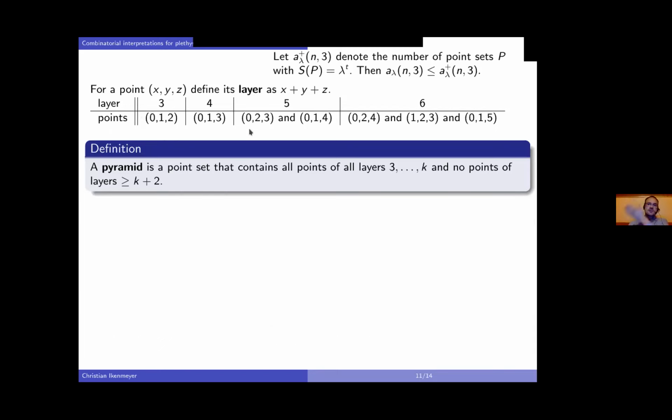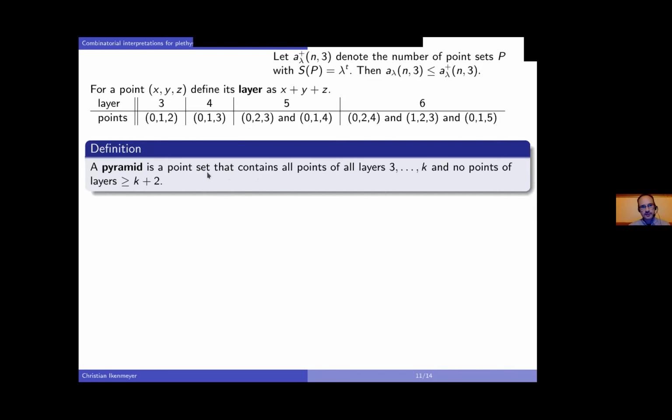So you slice your cone. And I want to define a pyramid as a point set that contains all the points of all the layers up to some layer k. It might contain some points on layer k plus 1, but it does not contain anything in layer k plus 2 or higher. This is also a combinatorial thing, and you can count the number of these types of pyramids for sure.